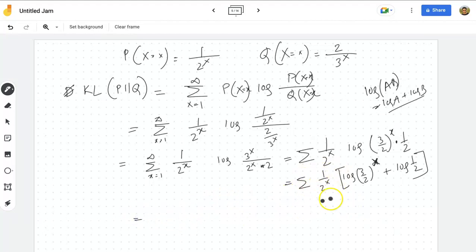Now just multiply it with this thing. So what will be the first term? First term will be summation 1 by 2 to the power x, okay, log of 3 by 2 to the power x plus, so this is the whole thing. It will be 1 by 2 to the power x log of 1 by 2.